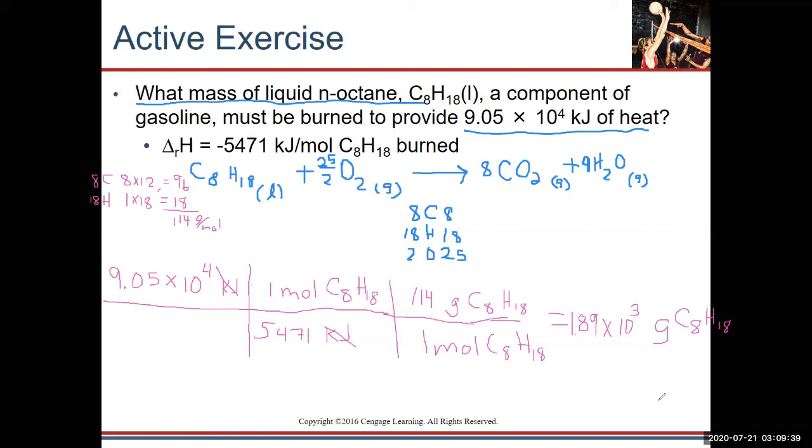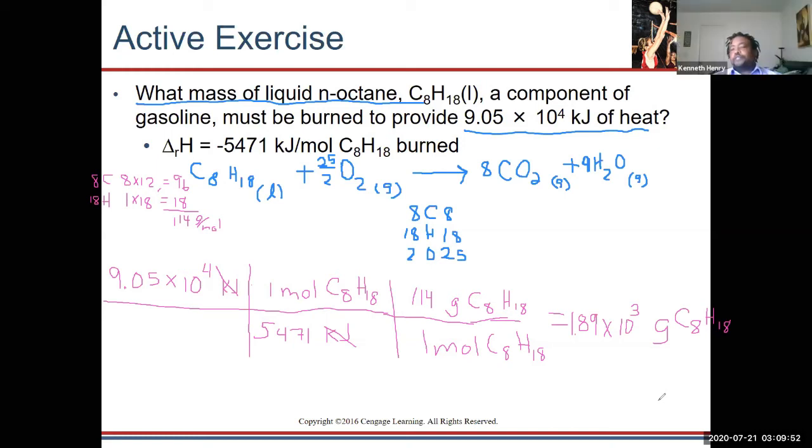Oh, yes. I changed it into exponents. How did he change it into exponents?